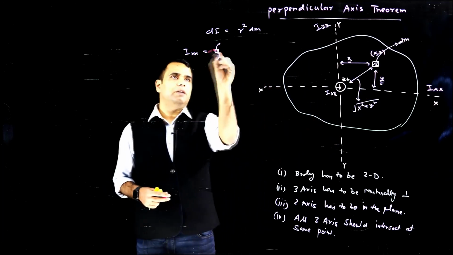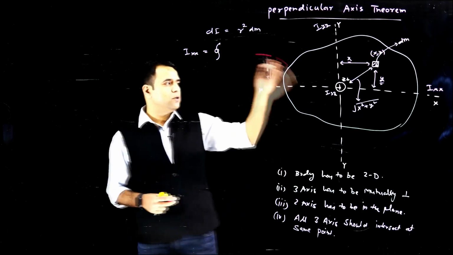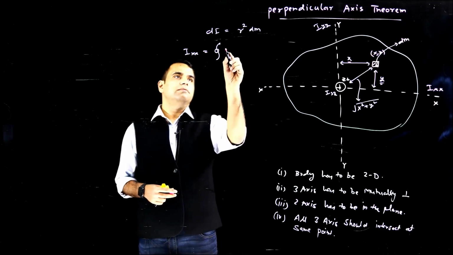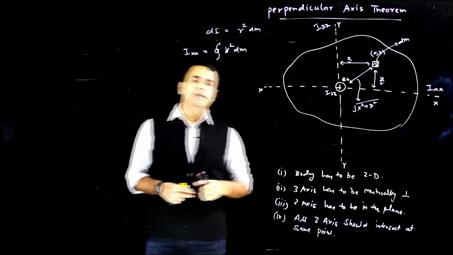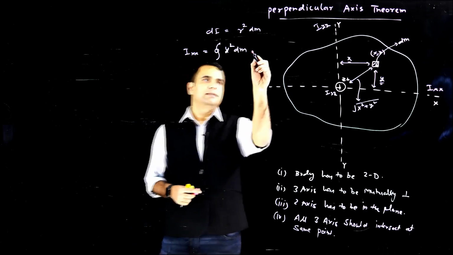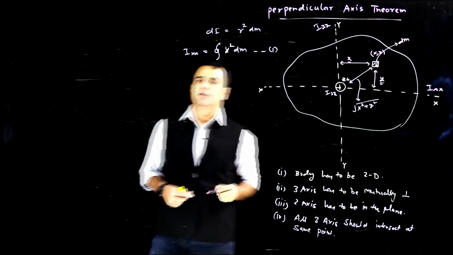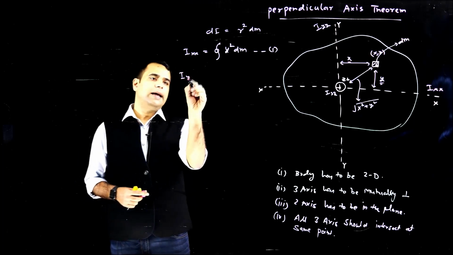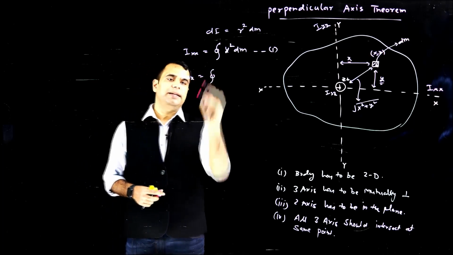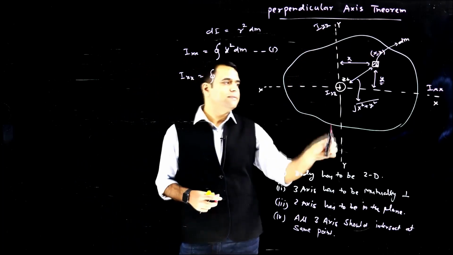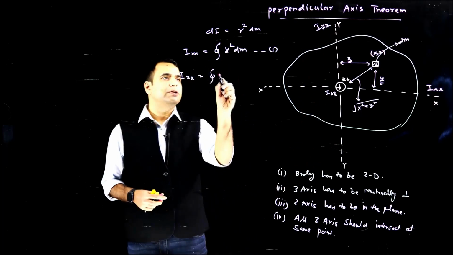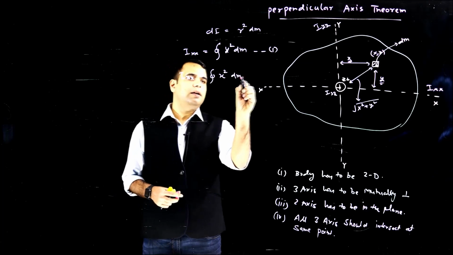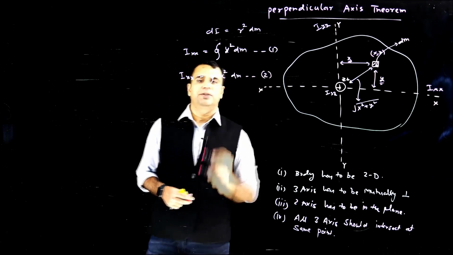So the moment of inertia will be a closed integration, so that the whole body is covered, of y square dm, because y is the distance of the element with respect to the x-axis. This is equation 1. Iyy will be the integration, about the y-axis, where the distance is x, so it will be x square dm. This is equation 2.